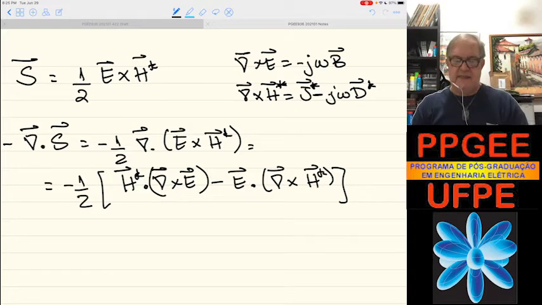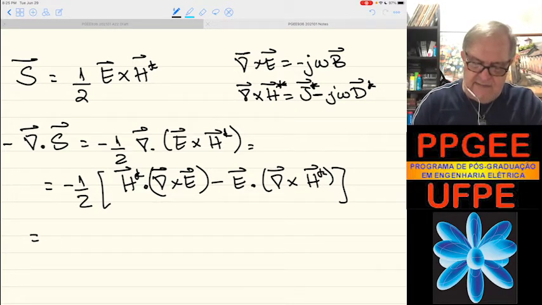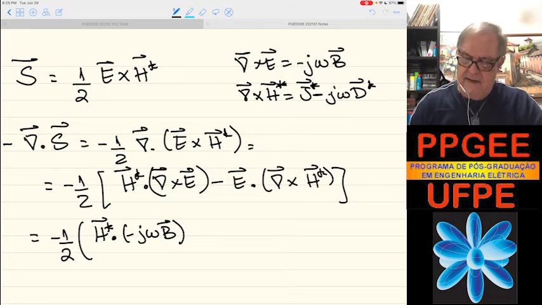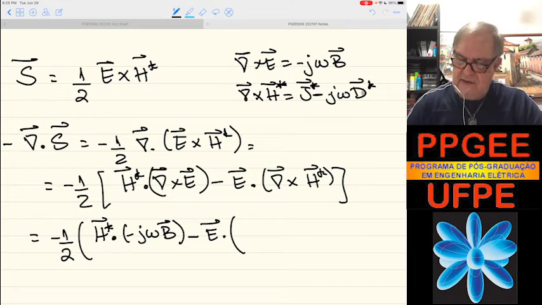So let's do that. This is going to give us minus 1/2 H conjugate dot curl of E, which is minus j omega B, minus E dot curl of H conjugate, right there. So we have a J conjugate minus j omega D conjugate.